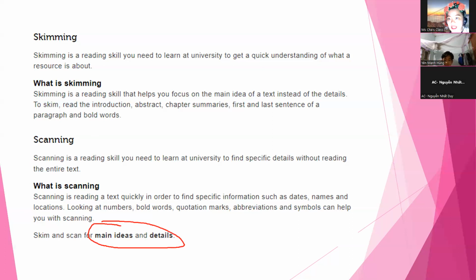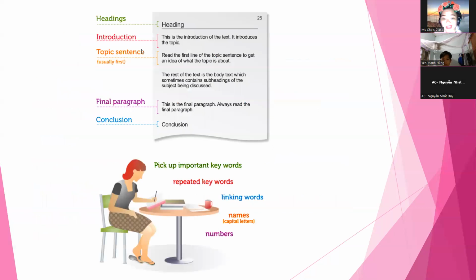I gave you an example last time: in skimming and scanning, we just pick up the important keywords, the repeated keywords that you've seen, the linking words, names in capital letters or highlighted words, as well as the numbers or digits. These are very important things that we need to consider whenever we are skimming and scanning.